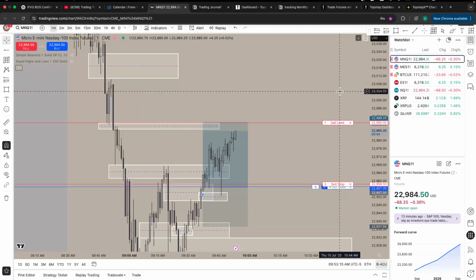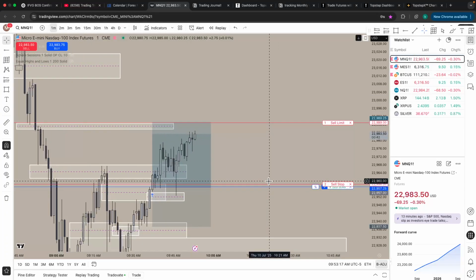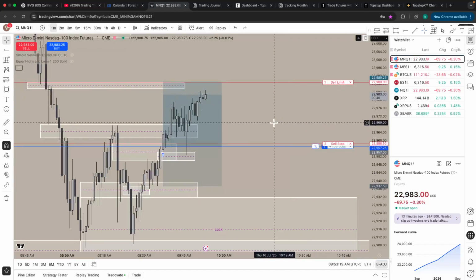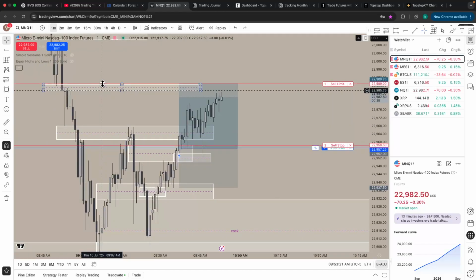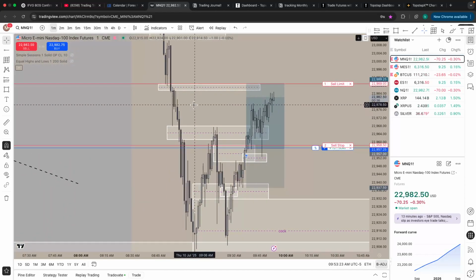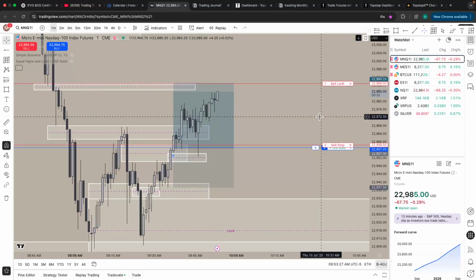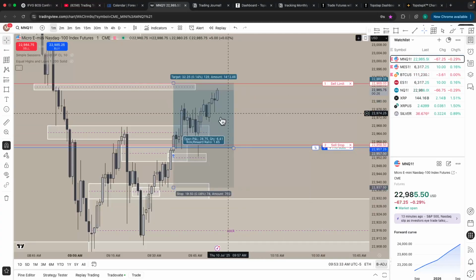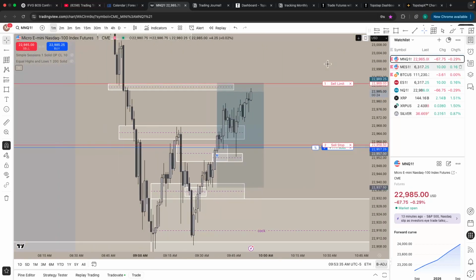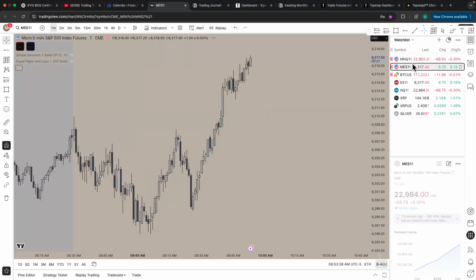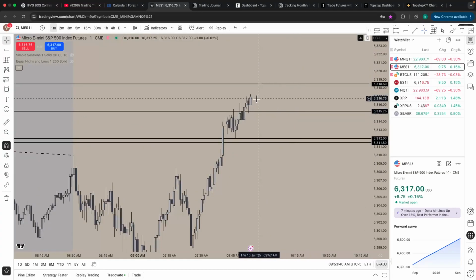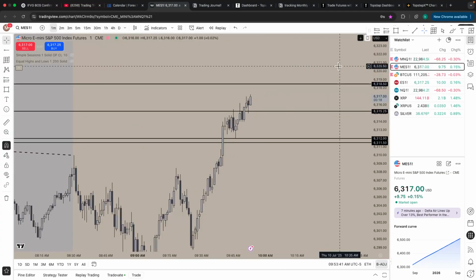Dude, I just think this chart is so clean. If the gaps don't make you want to throw up. Because obviously these are all different time frame gaps, right? It's just so clean. Even my take profit, my stop loss, I love the take profit color. I'm a blue guy, though. And take profit 1, ideally, could be getting hit here. ES is going to target that without a doubt.